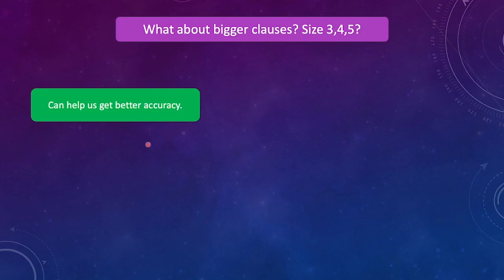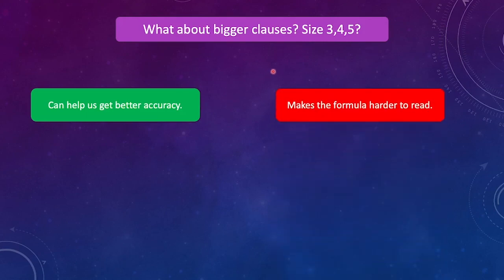This can help us get better accuracy. One of the disadvantages is that it makes the formula harder to read. If we have very, very large clauses, then the key advantage of this formula being interpretable and explainable is kind of gone. I don't want to say that this example is classified as positive because this list of 100 features are set to true. That's a meaningless explanation.